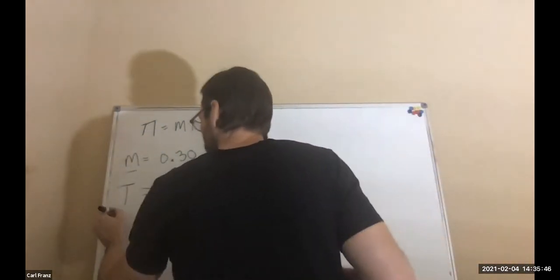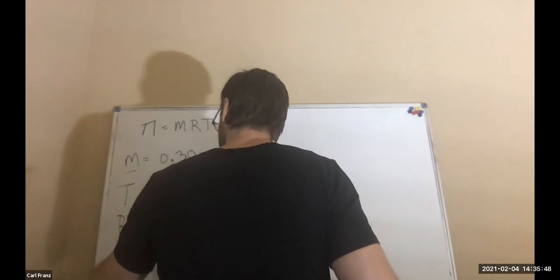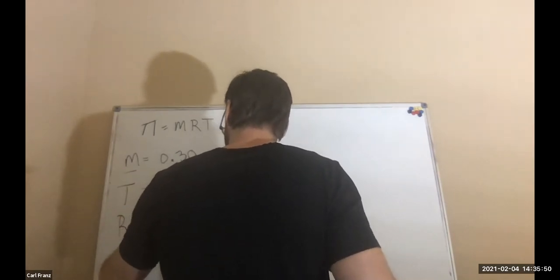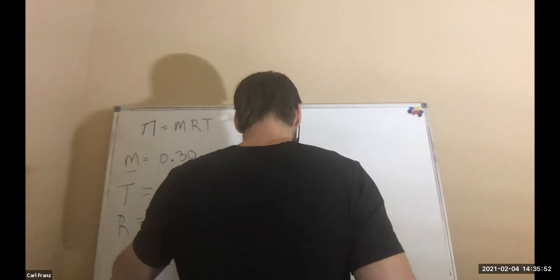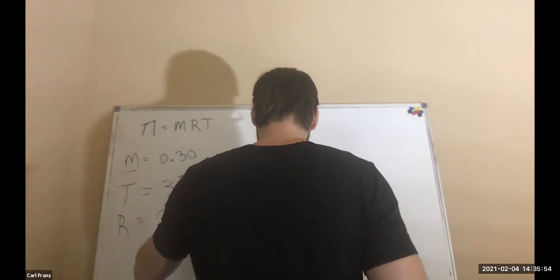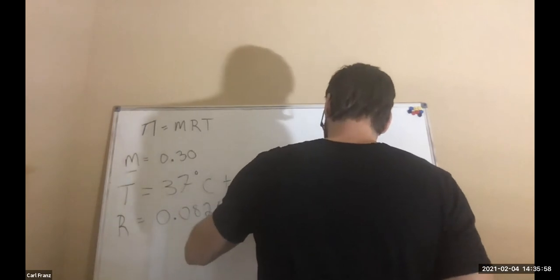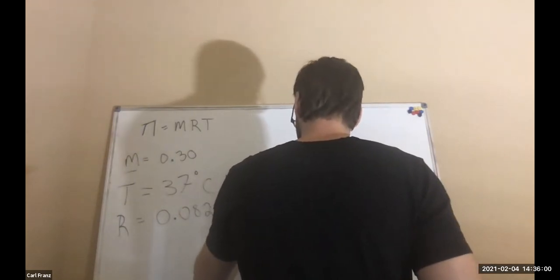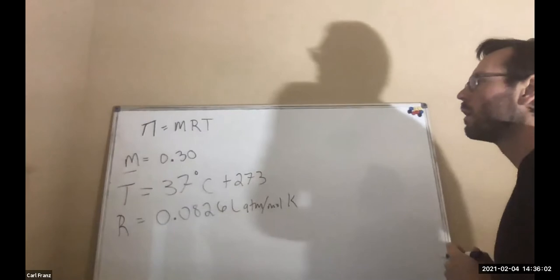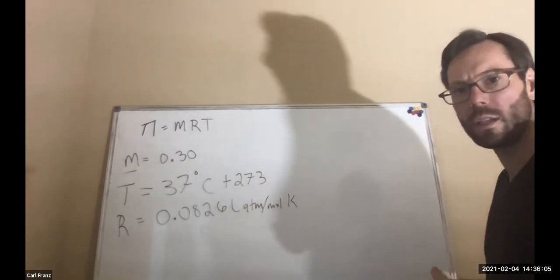And then the gas law constant is what? 0.0826, right? Liters atmosphere per mole K. Okay. And we just put those things together.